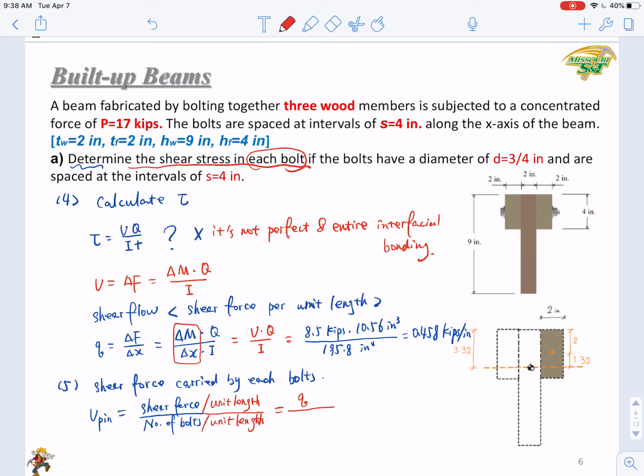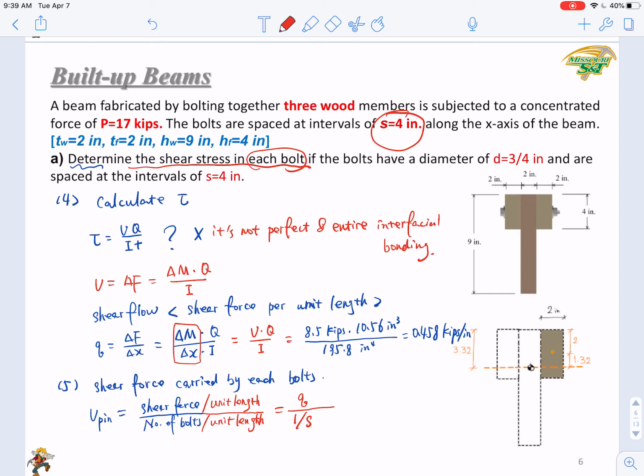Since we know the space between the bolts, that is s equals 4 inch, the number of bolts per unit length can be calculated by 1 over s, the unit length over the space between bolts.